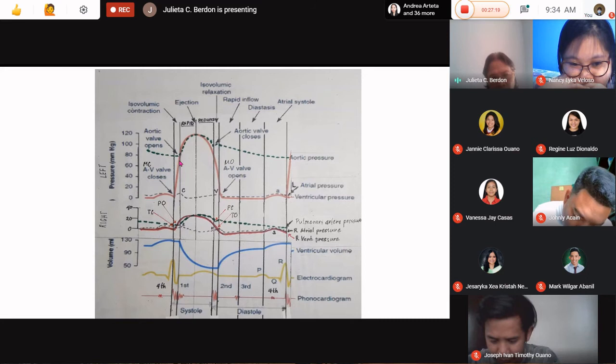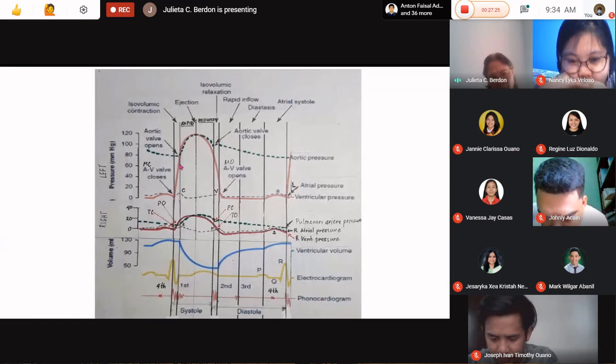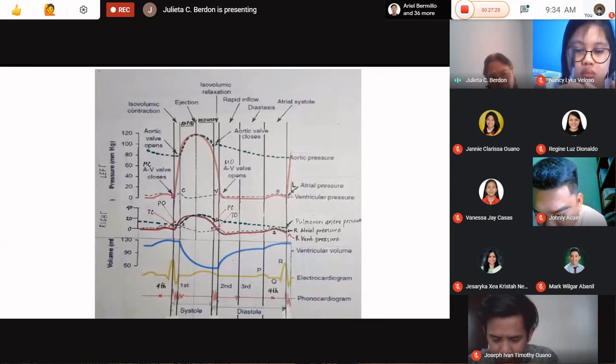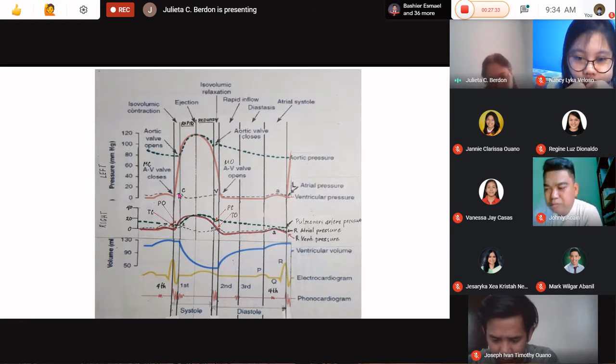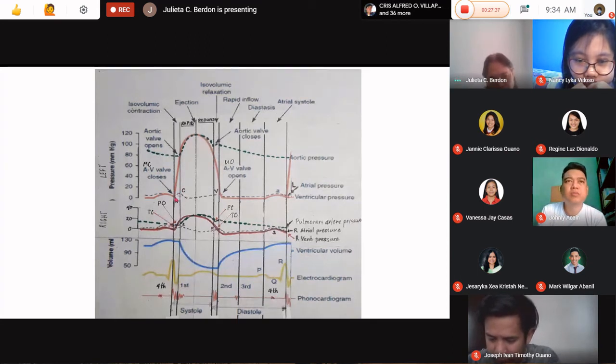Now notice there is an increase in ventricular pressure. What about the atrial pressure? You have the C wave here. What is that C wave? It seems like the atrial pressure is also increased, right? Why?